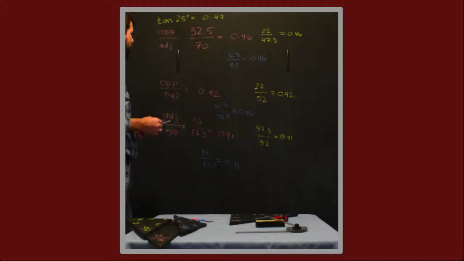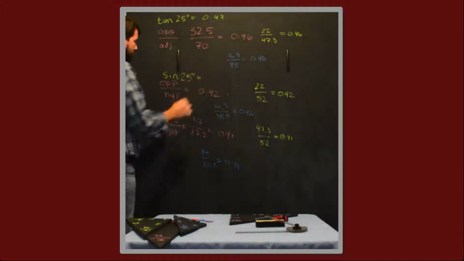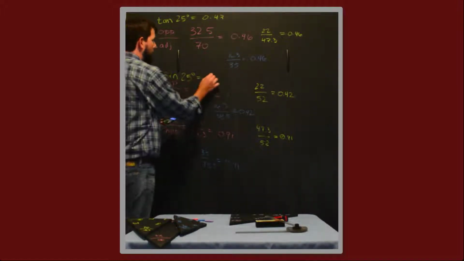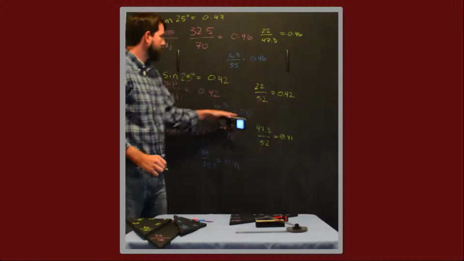Opposite over the hypotenuse. This is a trig function that we're going to refer to as the sine function. The sine of an angle measure that's 25 degrees, if you look it up in your calculator, is 0.42. Exactly what all of these found.